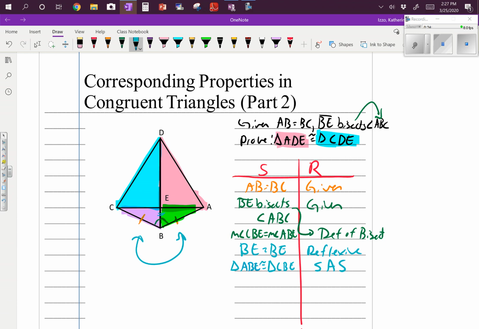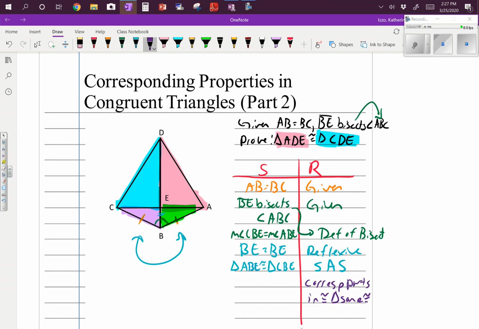I need to get the pink and the blue triangle. So let's see if I can use corresponding parts in congruent triangles are congruent. Are there any places where the green and the purple can help us with the blue and the pink?